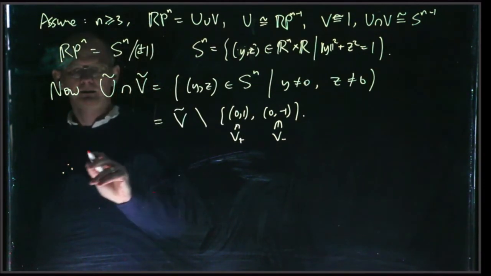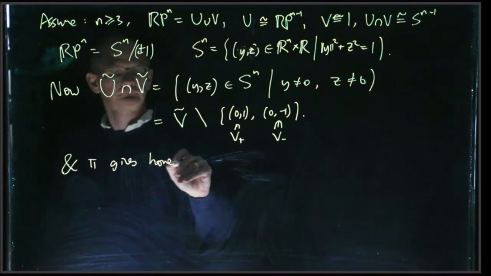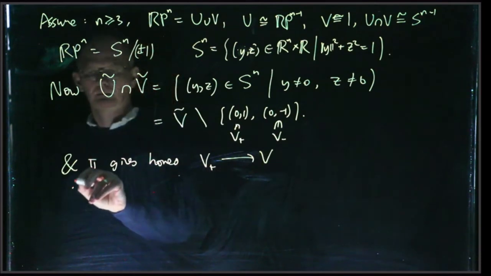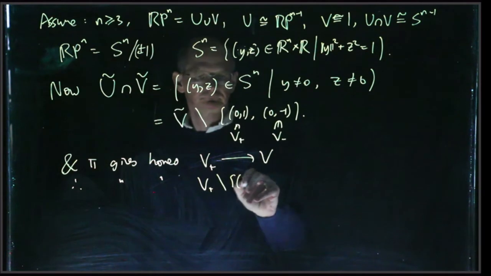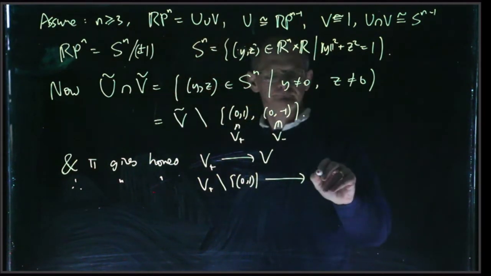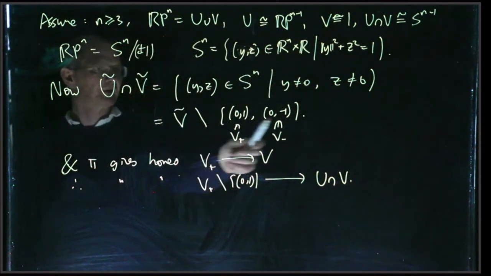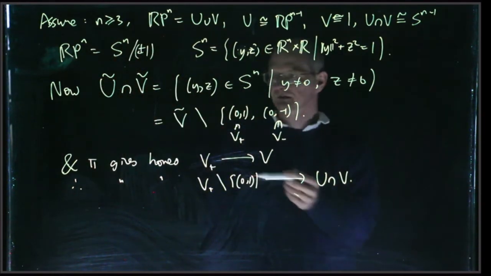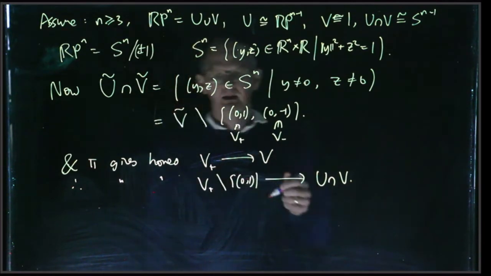So we're just removing this pair of points, one in V plus and one in V minus, and after we push everything down into RP^n, what we're doing is we're just taking our original V and removing a single point.